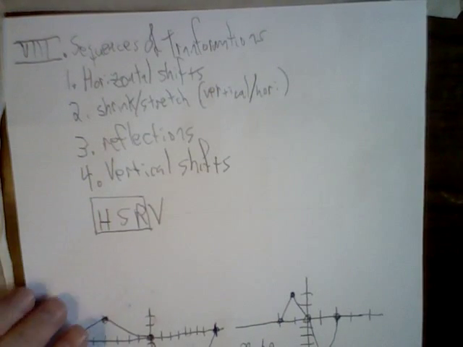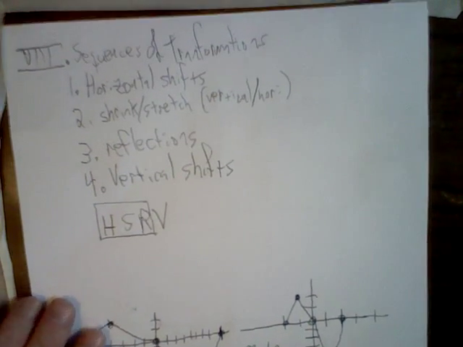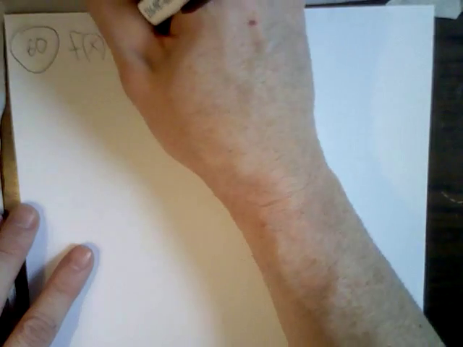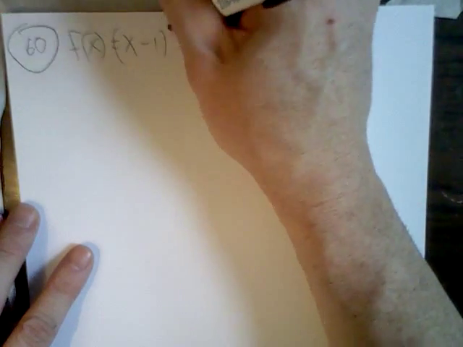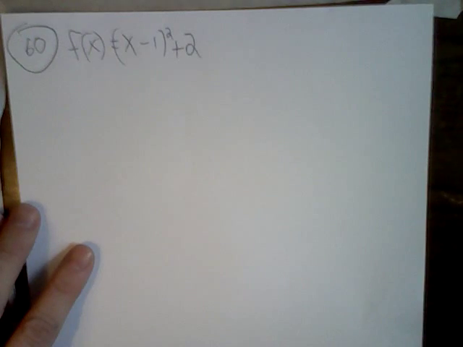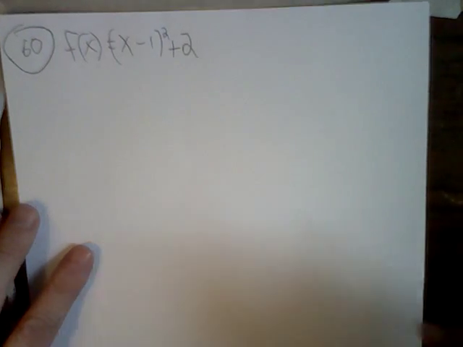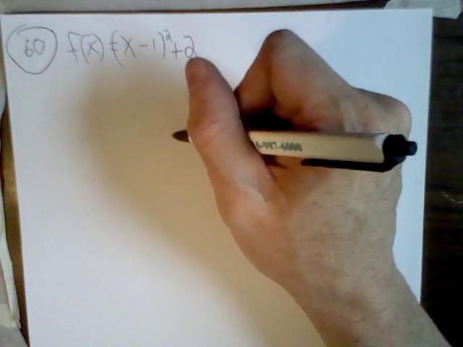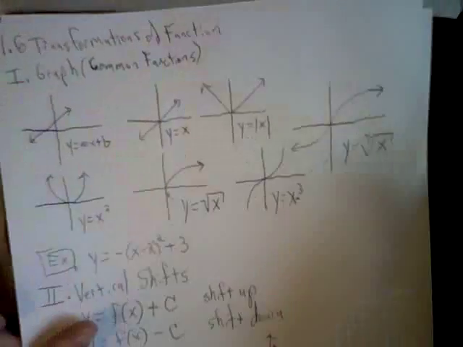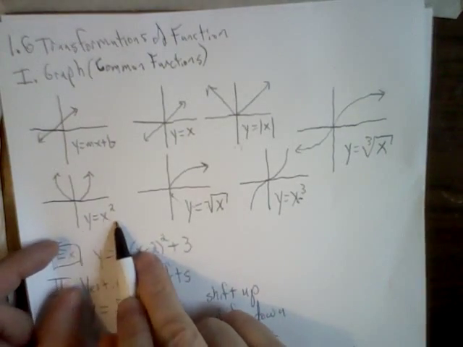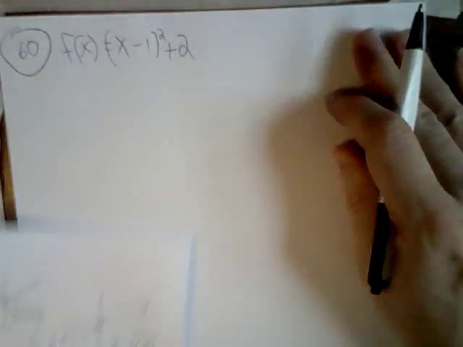Anyways, let's take a look at number 60 in the book. We have f of x equals (x minus 1) squared plus 2. I guess I first need to identify its common form, the prime form, which is an x squared form. It's a parabola.